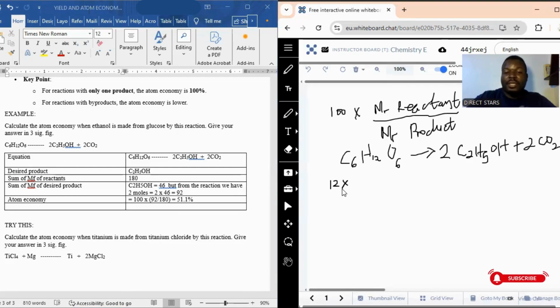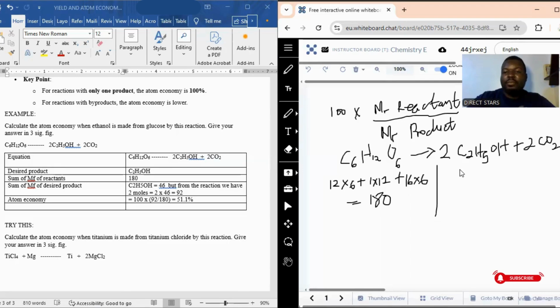So 12 times 6, that's 72, plus 1 times 12, and then plus the mass of oxygen, which is 16, so that's 16 times 6. All this amounts to 180 as our reactant.